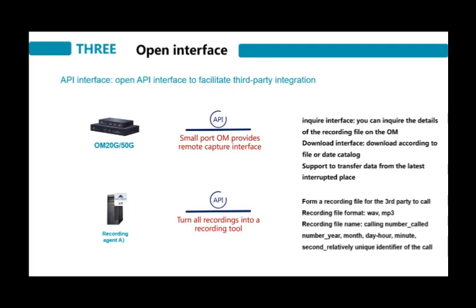We can also use the API functions to form a recording file for the third party to call. You can use the WAV and MP3 format. And of course, you can have the recording file name, as you can see here, according to the number, the year and month and hour and every minute or second. We can also define that for our API.